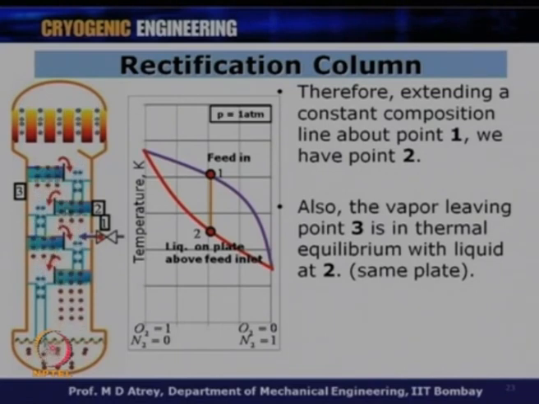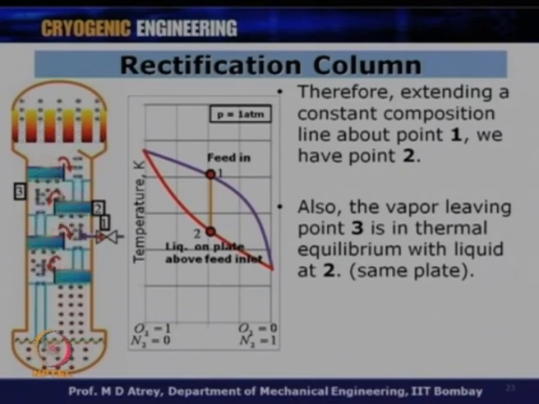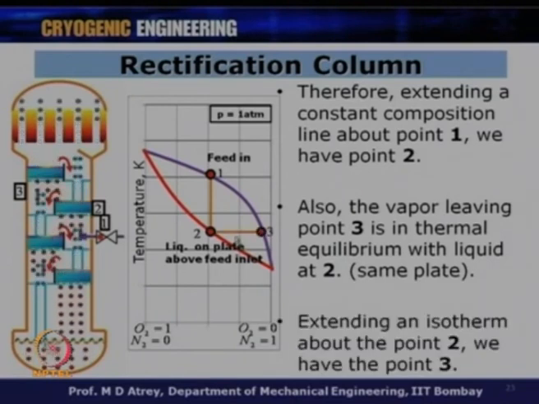But this vapor will be in thermal equilibrium with this liquid. The vapor on the same plate as the liquid will be in thermal equilibrium, and therefore the vapor leaving, point 3, is in thermal equilibrium with the liquid at point 2. So the point 2 liquid and the point 3 vapor are at the same temperature.